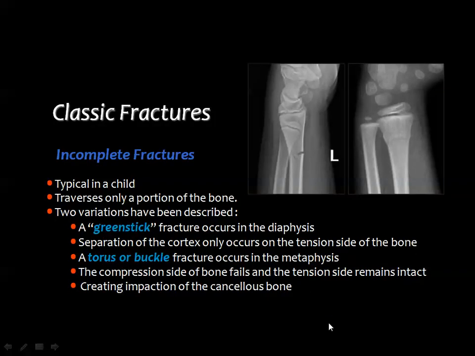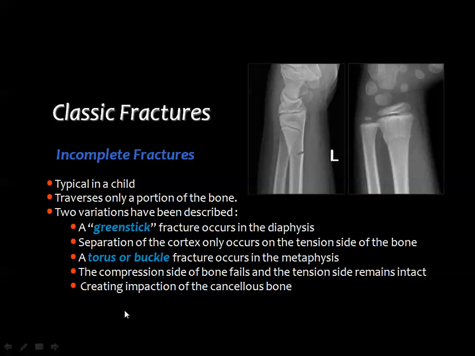And this is the classic appearance of the incomplete fracture. We have two types. They are occurring mainly in the pediatric age group. The green stick fracture, where there is disruption of a single cortex and the opposite cortex remains intact.